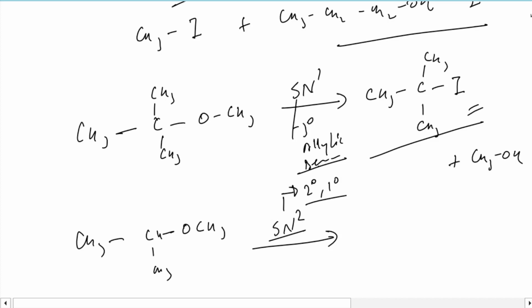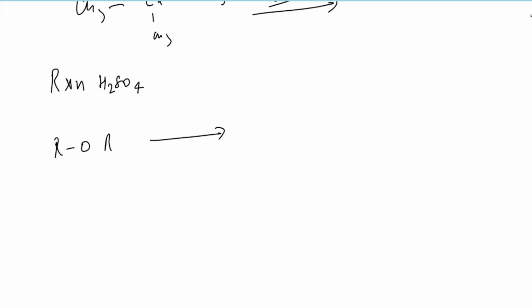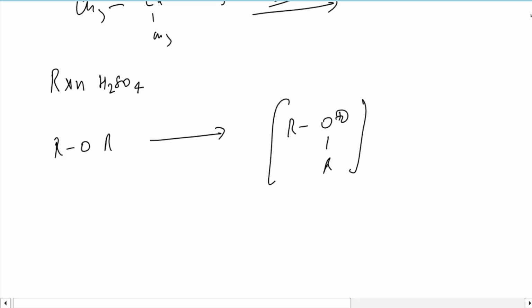Next is the reaction of ethers with some acids. They will simply form oxonium salts. For example, reaction with H2SO4: ROR, if reacted with H2SO4, will form RO+R and HSO4 negative.